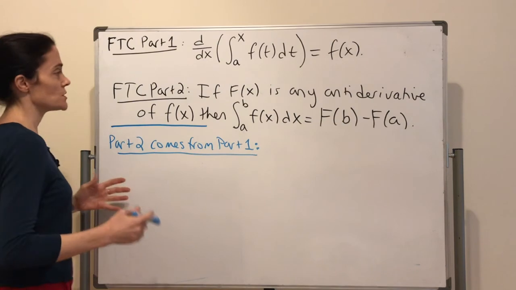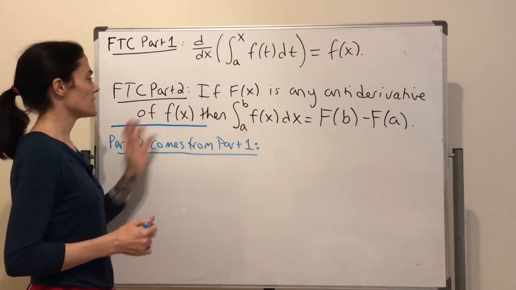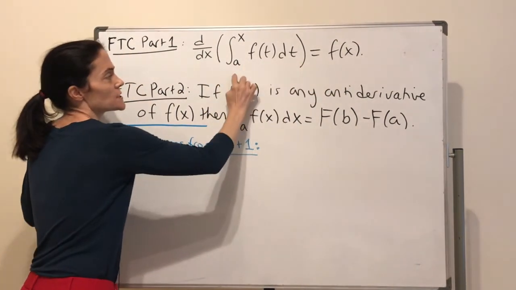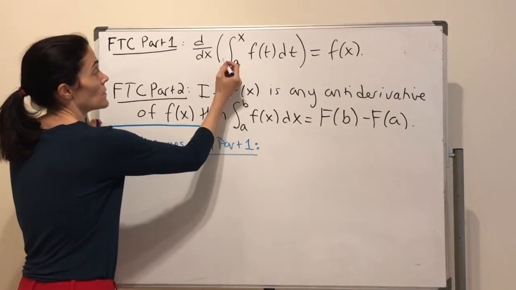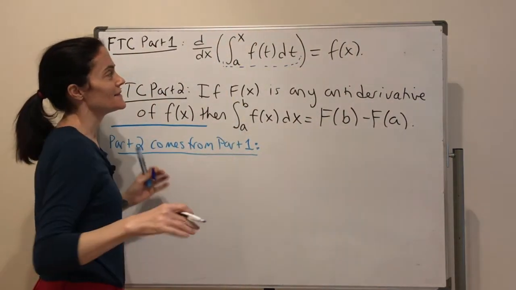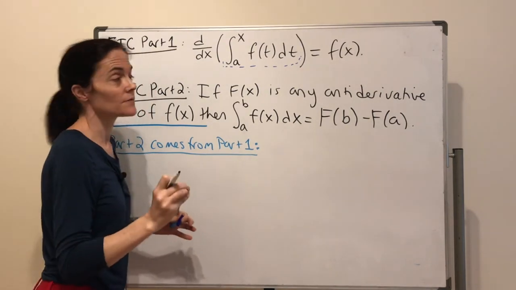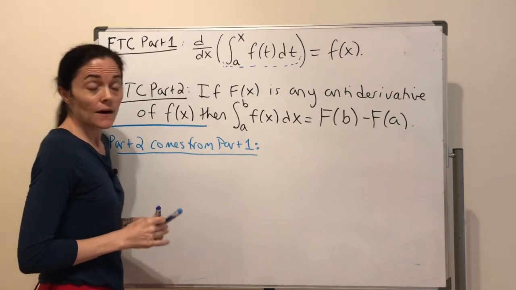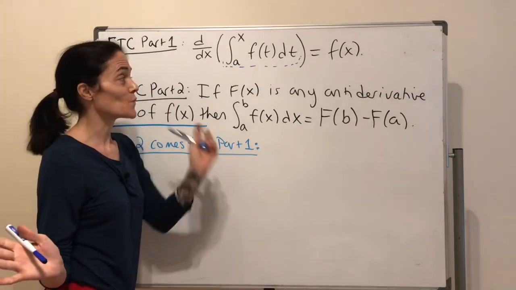So we begin part 2. It says if capital F of x is any antiderivative, and then it says some things. Well, what you see from this relationship immediately is that, maybe I will underline like this, this integral from a to x of f of t dt is an antiderivative of little f. That's exactly what this says. Okay, but now capital F here is another antiderivative for little f.